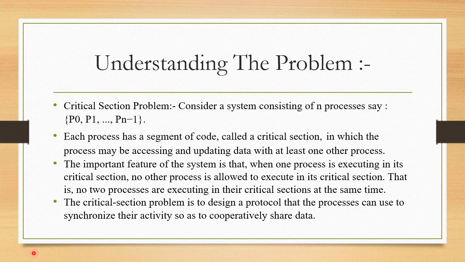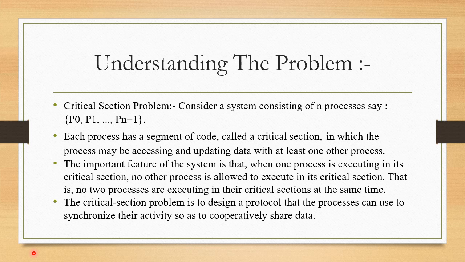Now, to discuss Peterson's solution for mutual exclusion, we must first understand why it was devised, why it was developed. So the problem was the critical section problem. To understand the critical section problem, let us consider a system of n processes, from P0 to Pn-1.